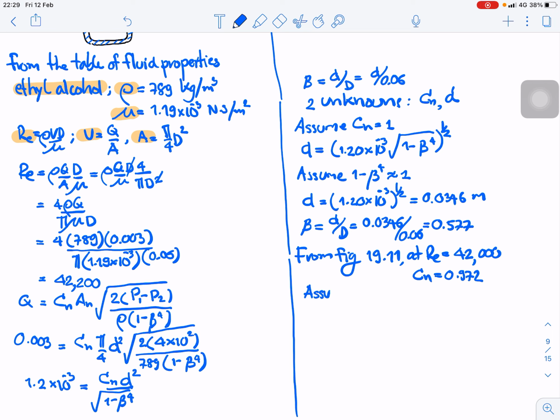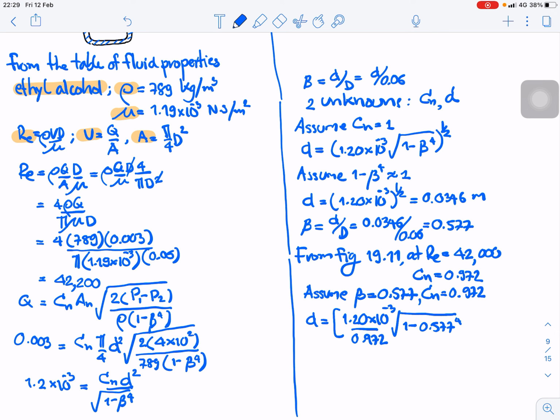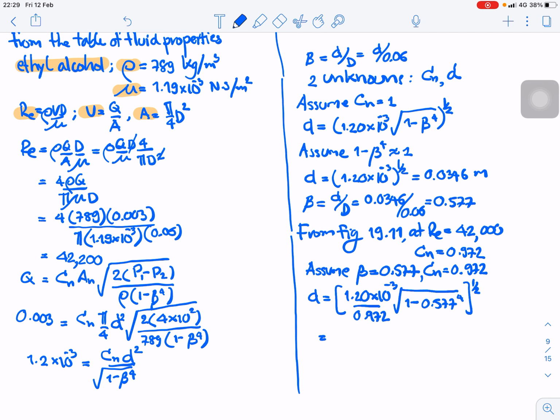The next we assume that, we can find d again. d is about 0.03341.